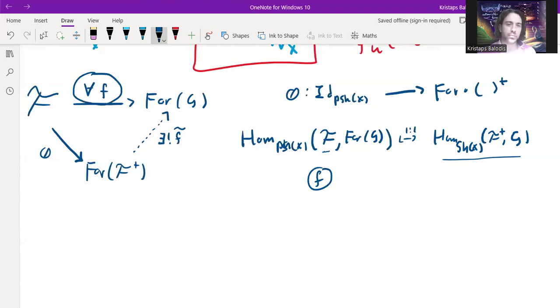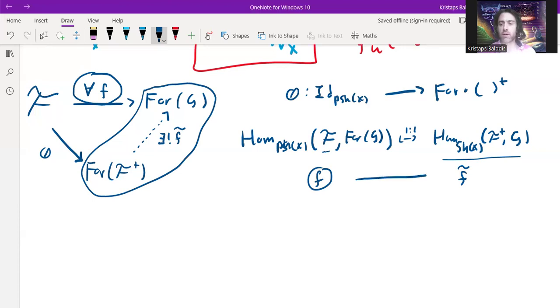And in particular, then we get F tilde, right? We get an F tilde. And we get a unique such F tilde, by the way. So this process is injective.